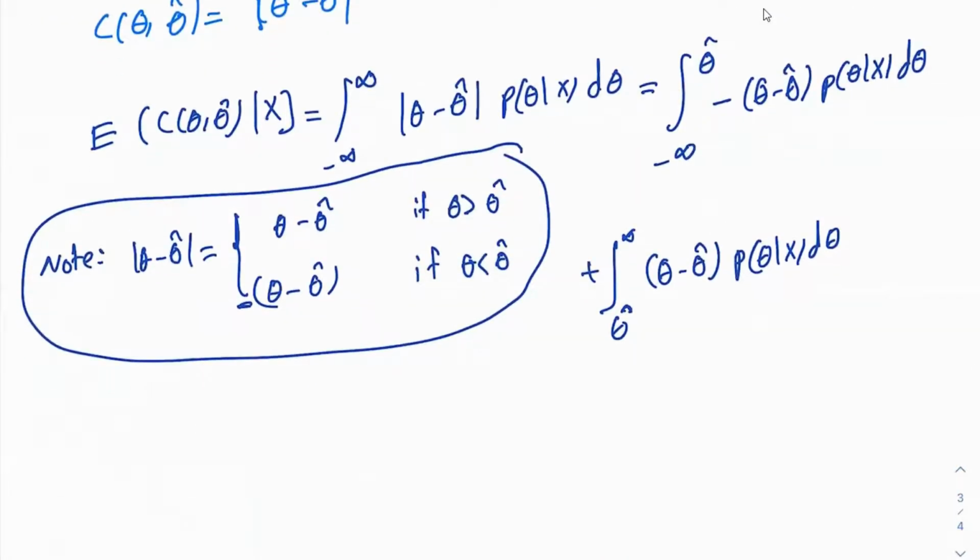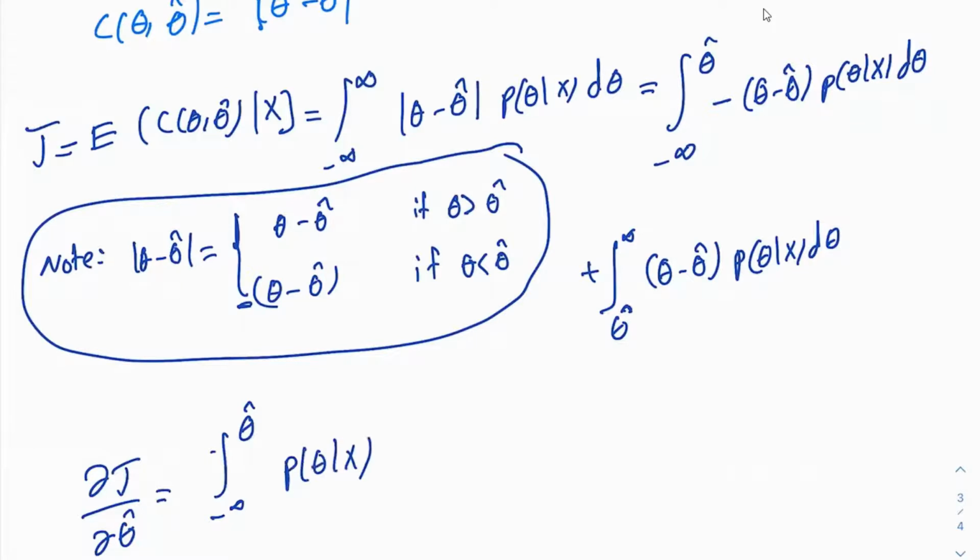Now that we have these, let's go ahead and differentiate. Let's call this one J. Now the partial derivative of J with respect to theta hat is equal to: the first argument, theta, is nothing, negative theta hat is -1, but there is a negative outside, so it becomes 1, times p of theta given x d theta, plus theta hat to infinity.